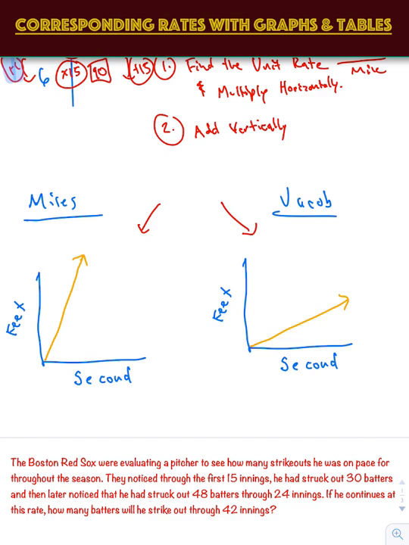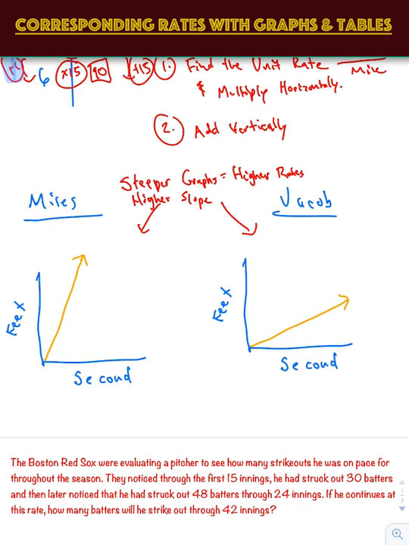And what we need to think about with this is steeper graphs equal higher rates. And you'll learn as we go later in middle school math that another word for steeper graph is higher slope. So the higher the slope, the steeper the graph, the higher the rate.